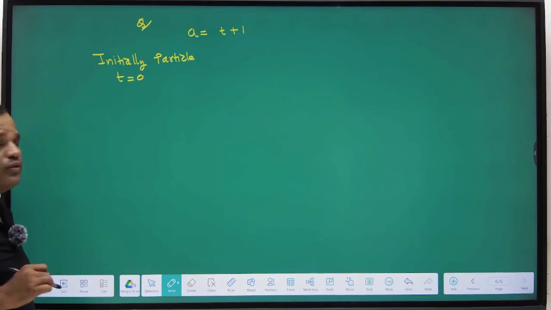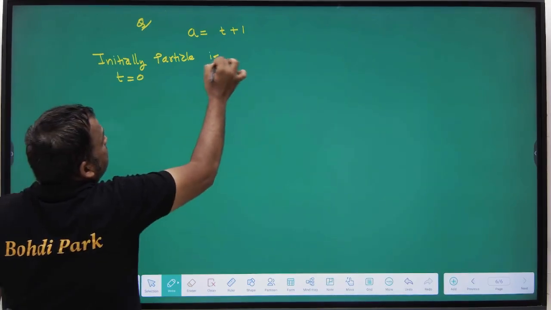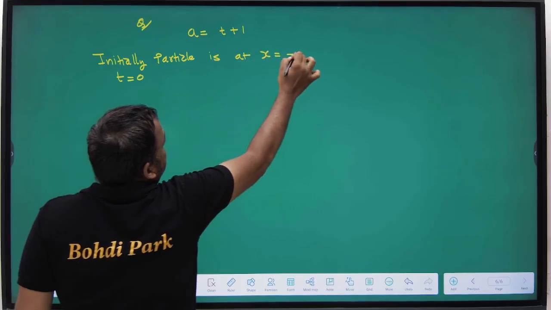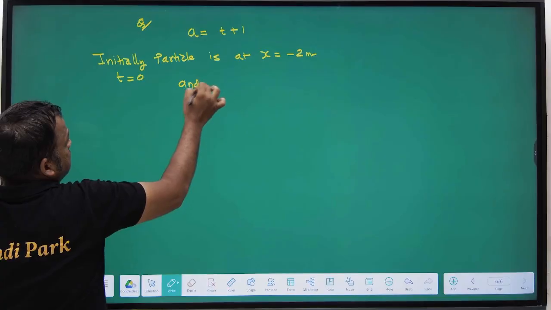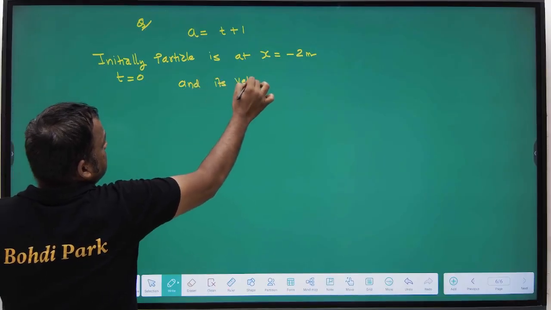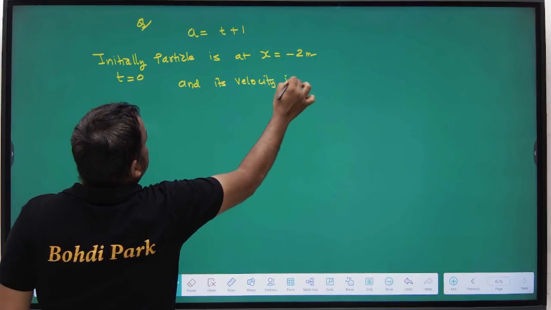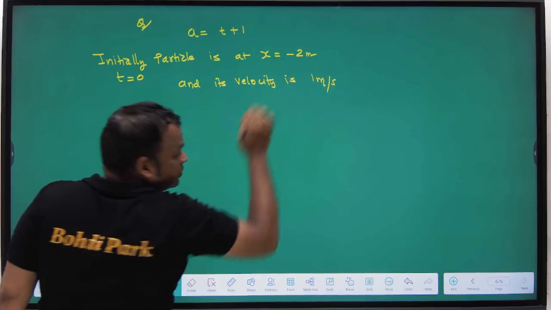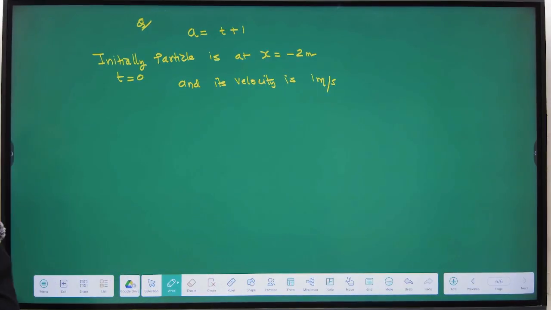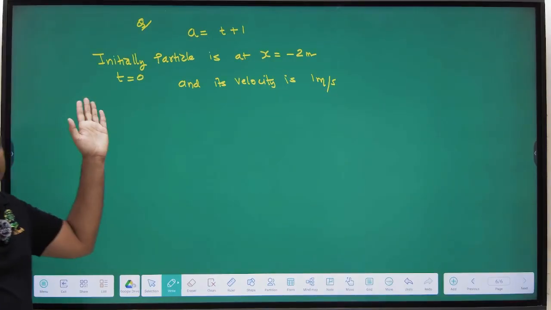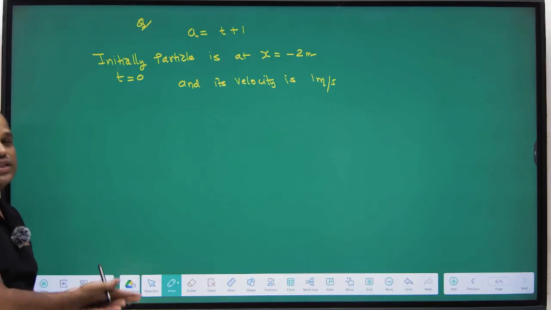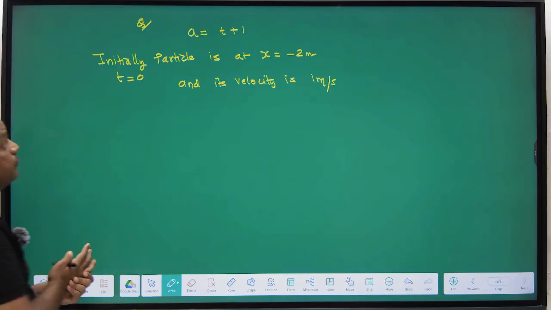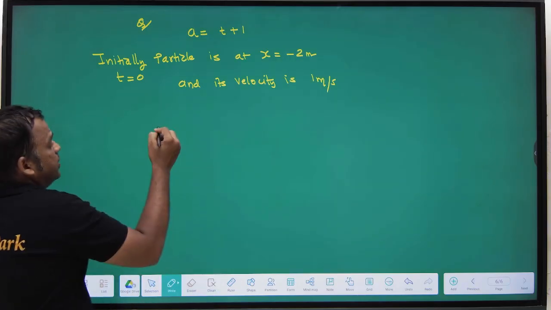When time is 0, particle is at x is equal to minus 2 meter, and its velocity is 1 meter per second. Now this is the information. We have to read this very carefully, because in integration we have to consider limits, lower limit and upper limit.